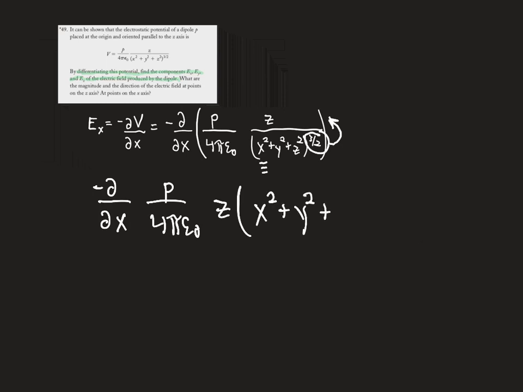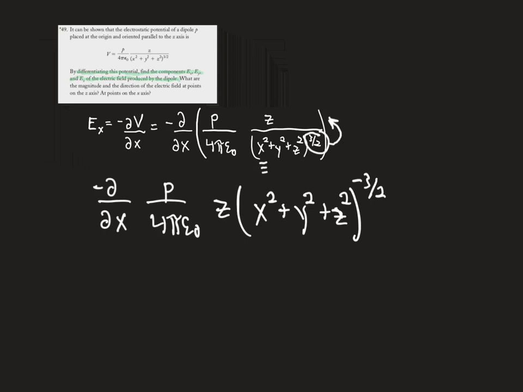So this is going to look like the following: partial derivative with respect to x of p over 4 pi epsilon naught of z times, now all that stuff in the denominator gets pulled up to the top if we take this and raise it to the negative 3/2 power.